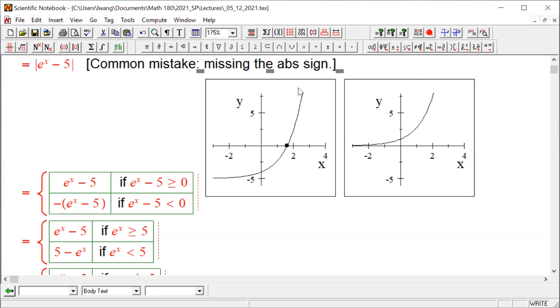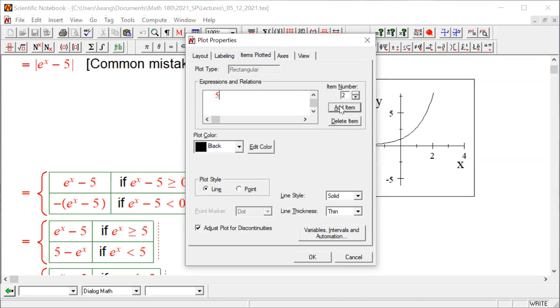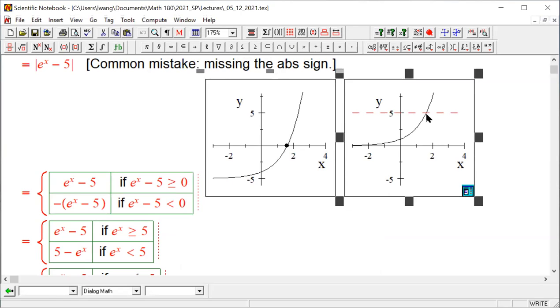So what is that 5? That crossing, what is that crossing? Because we're talking about e to the power x minus 5. So above this is positive for e to the power x minus 5, okay?